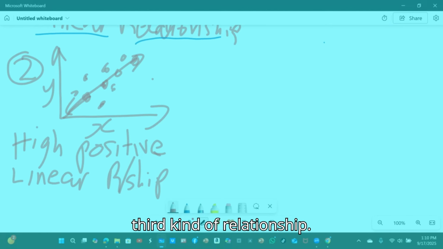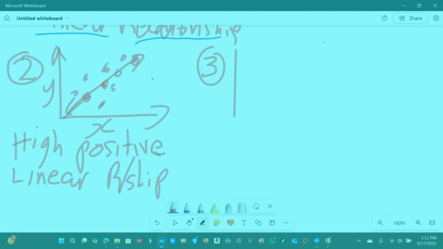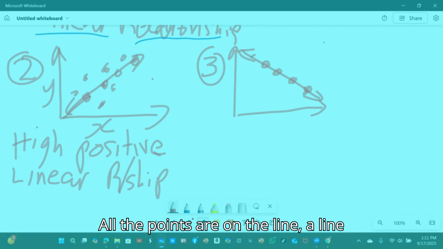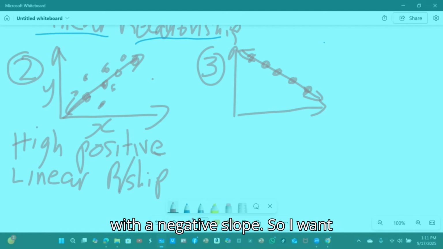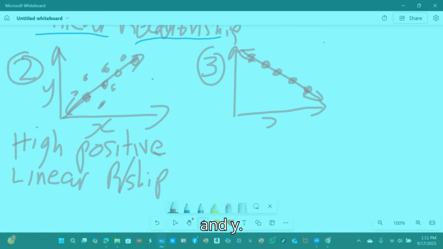Okay, let's describe the third kind of relationship. So I have to draw another graph. This time I have a line with a negative slope, and all the points are on the line. I want to describe the relationship between x and y.